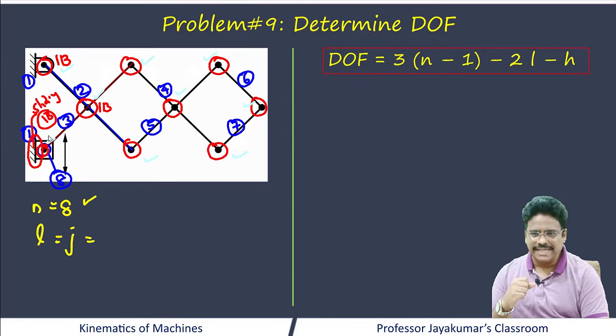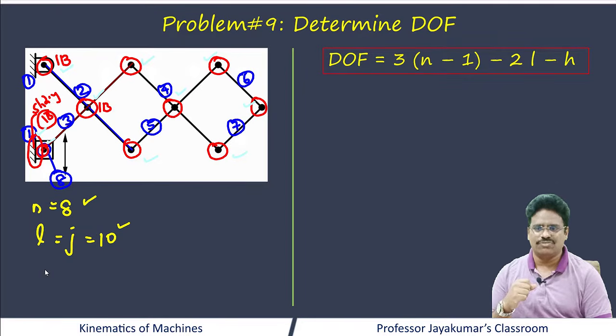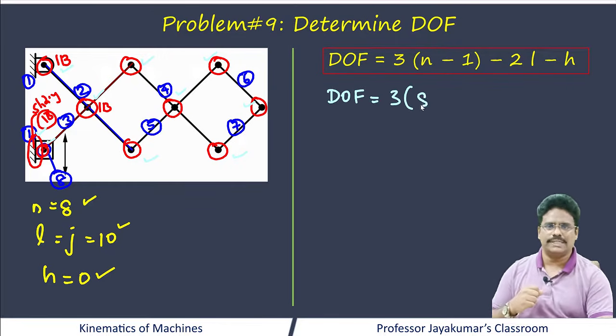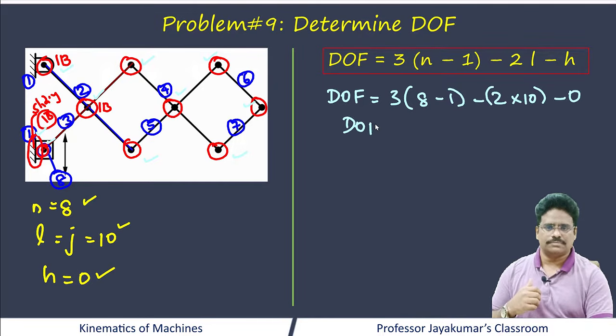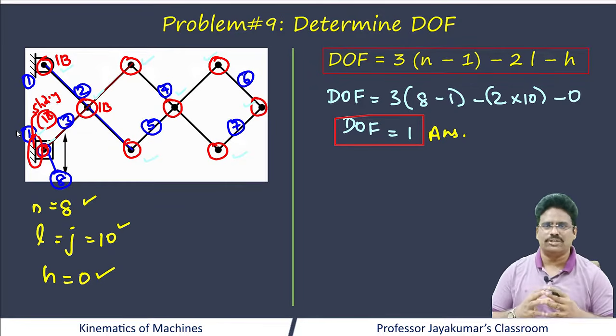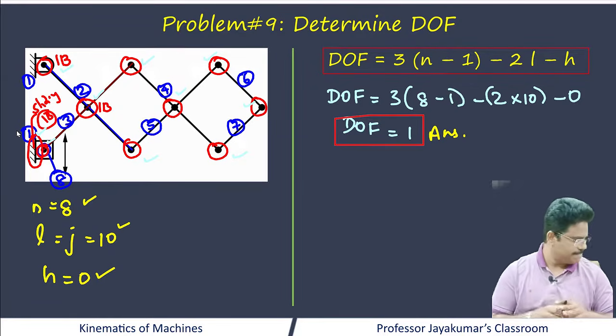Here 9 and 10. Therefore, there are 10 binary joints. Of course, there are no higher pairs in this mechanism. So degrees of freedom for this problem is 1.